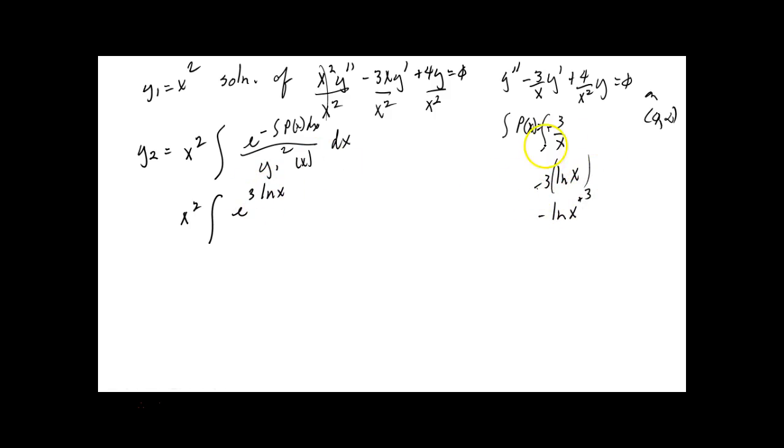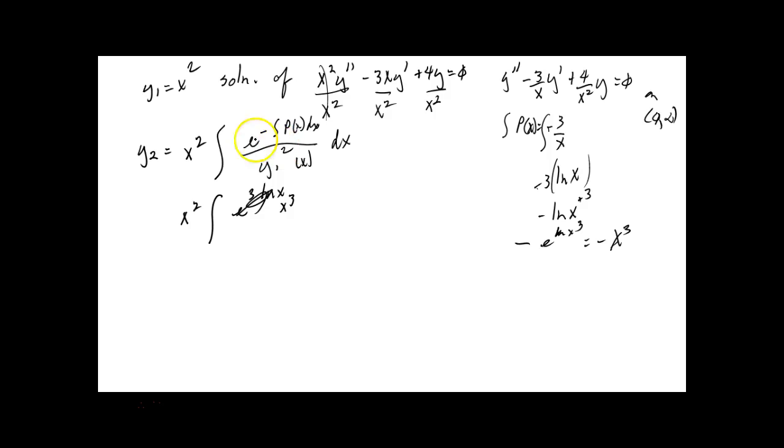I'm in favor of doing it. Let's do the e to that, and the minus sign comes out here, and this is just x cubed: e to the log x cubed, with the minus sign out in front. This is minus x cubed.